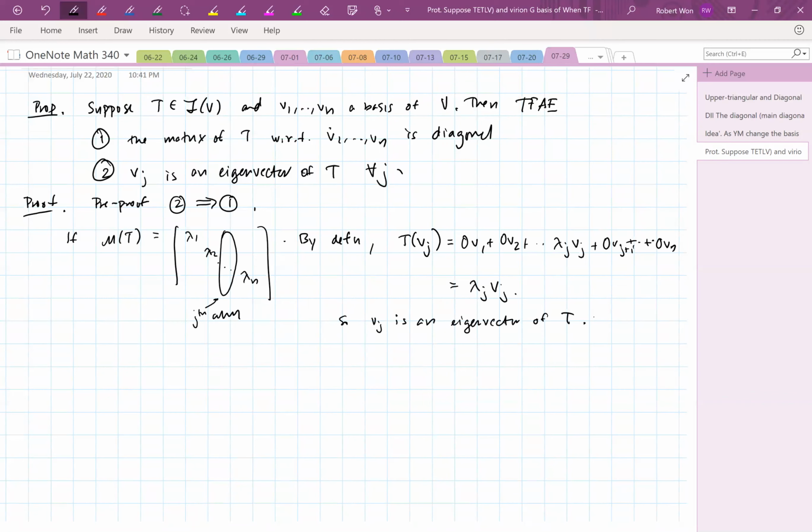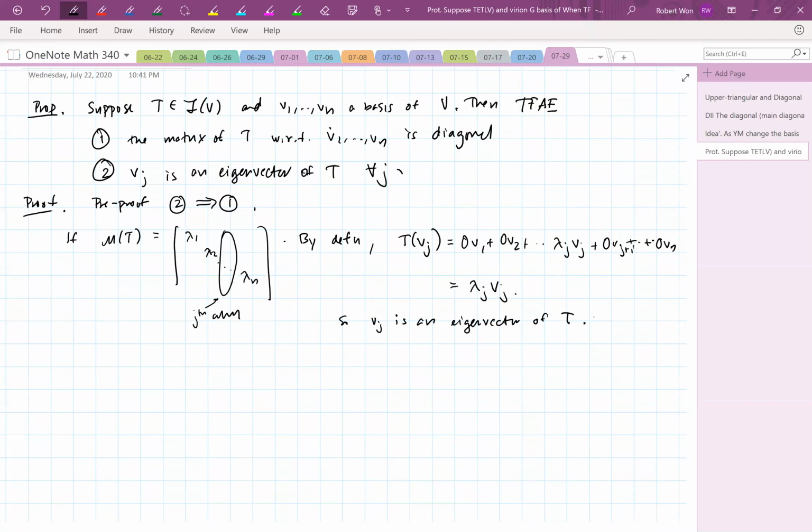So hopefully this is ringing some bells, but I think when you first learn about diagonalization in Math 308, it's a little bit hard to see what you're really doing. And it's probably still a little bit hard now, even as you're taking Math 340. It's something you have to think about. In Math 308, it sort of just seems like this algorithmic process that gives you like A equals PDP inverse, if you remember that.